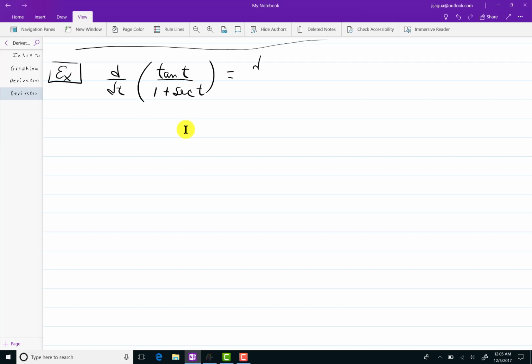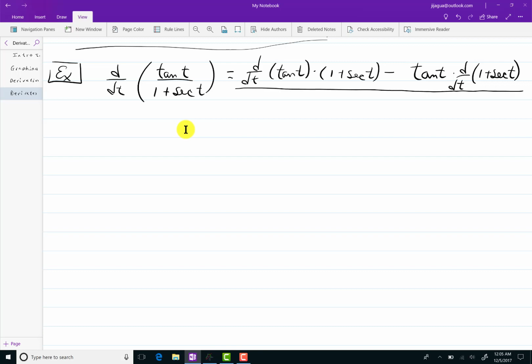From d over dt, tangent of t times 1 plus secant of t minus 1 plus secant of t times d over dt of tangent of t. Whoops, that was tangent of t times d over dt of 1 plus secant of t. And all of that is over 1 plus secant of t squared.